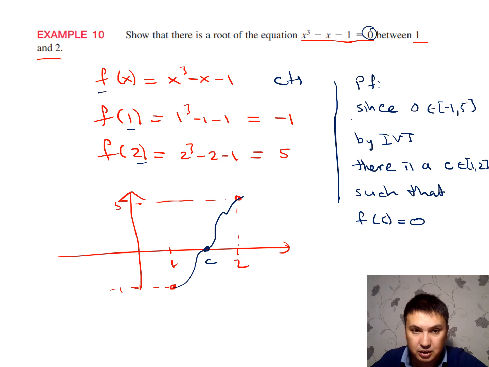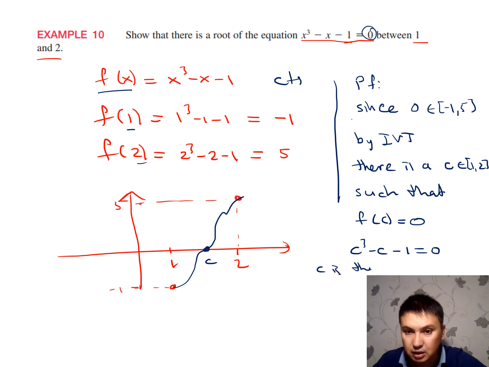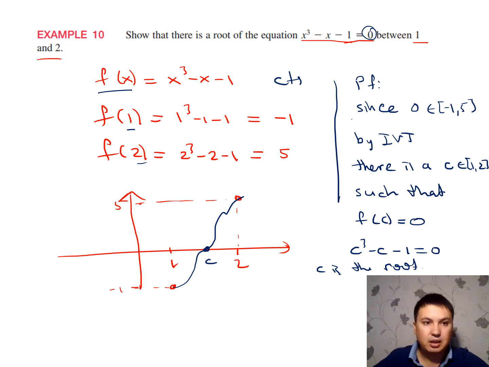And what is f of c? This is my function, so c cubed minus c minus 1 is equal to 0. So it means c is the root. Okay, so I'll stop here.